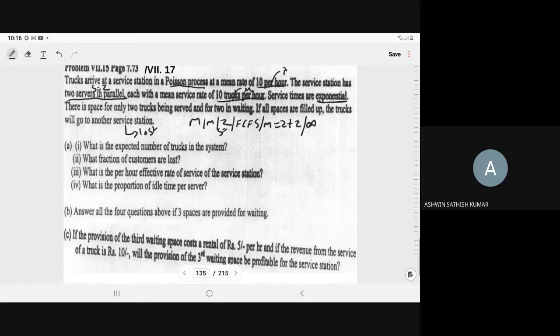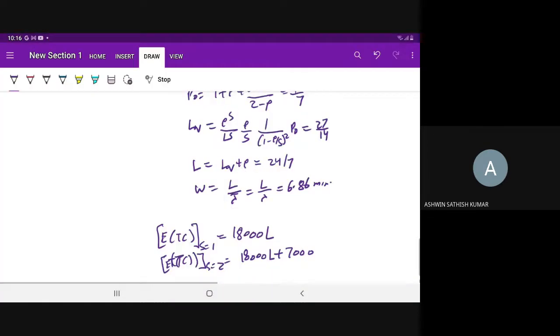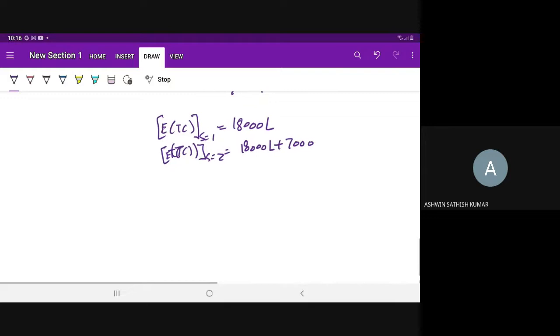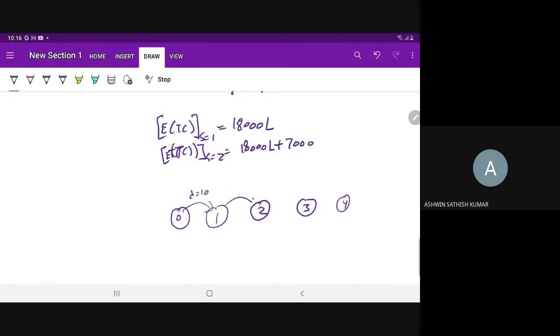So first we compute the state probabilities of such a problem. In this case, always use the birth and death process. Here we have 0 truck, 1 truck, 2 trucks, 3 trucks and 4 trucks. They are arriving with the rate lambda is equal to 10, lambda is equal to 10, lambda is equal to 10, lambda is equal to 10.